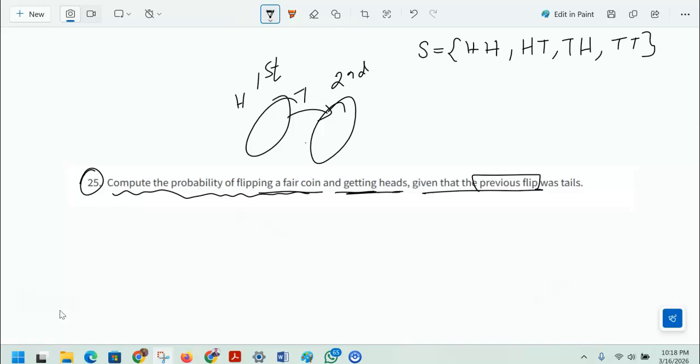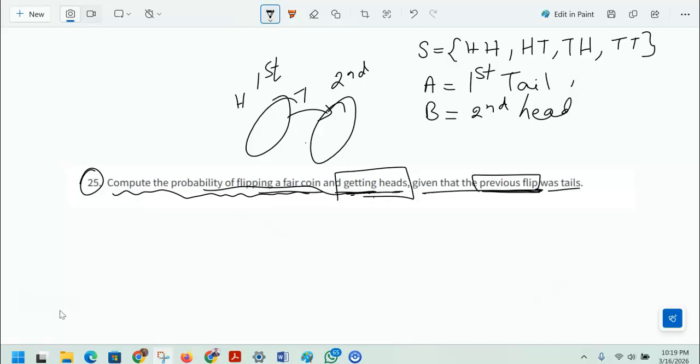We can write 2 events. Let A be the event: previous means the first one, the first one is tail. So first tail. And let B be this one, the second time. So second is head.